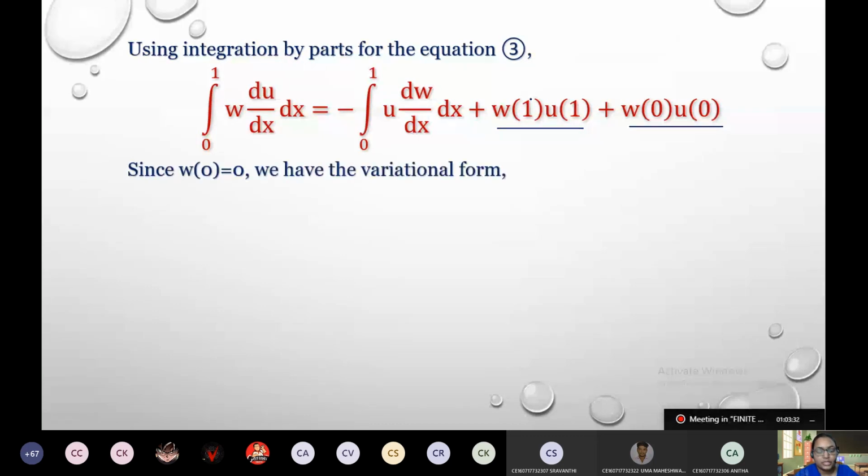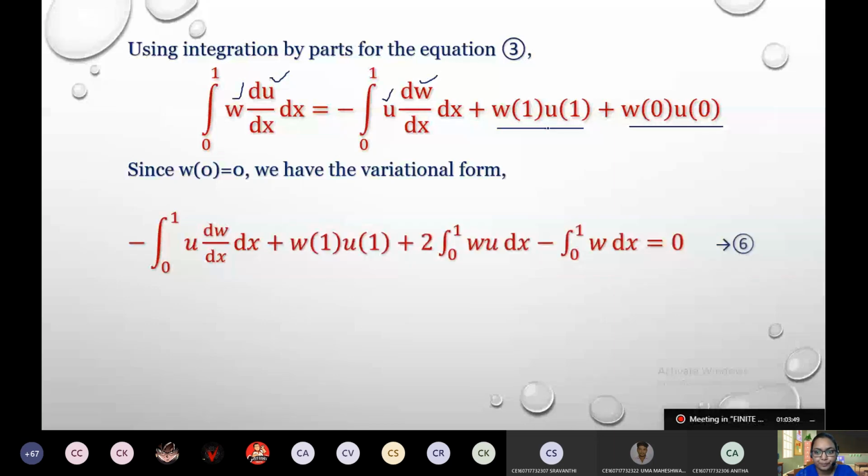We know W of 0 is equal to 0. So this part we know how it goes. And where we have u and W, all these values, if we take that into rational form, we'll end up with this part. Let us take this as equation number 6. As of now, please note down the equation.